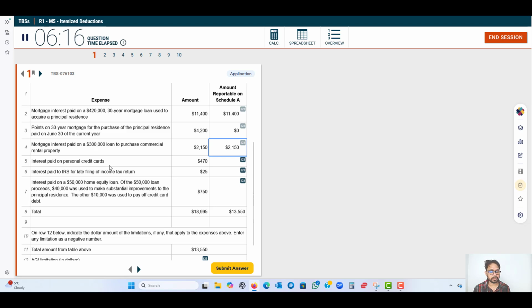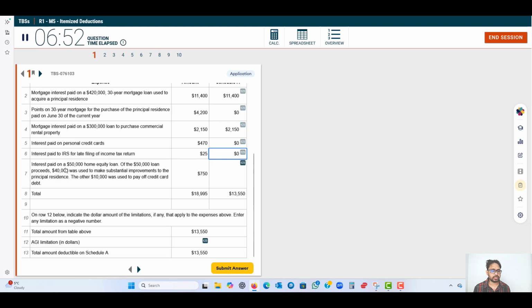If you pay any interest on your personal credit card, that is not deductible, so it is 0. Interest paid to IRS for late filing of income tax return. IRS penalty is not a deductible amount, so we can put it as 0, because any type of penalty, or interest on any type of penalty, is not deductible on a Schedule A.